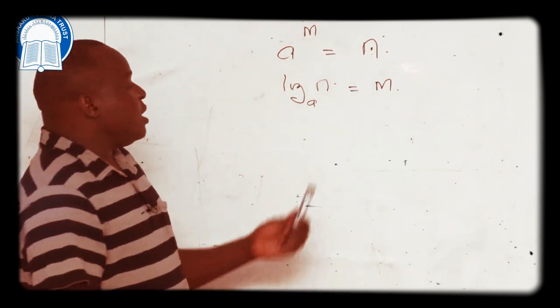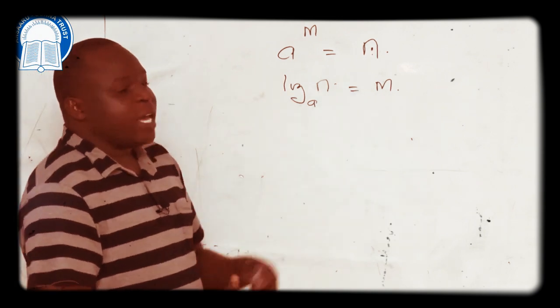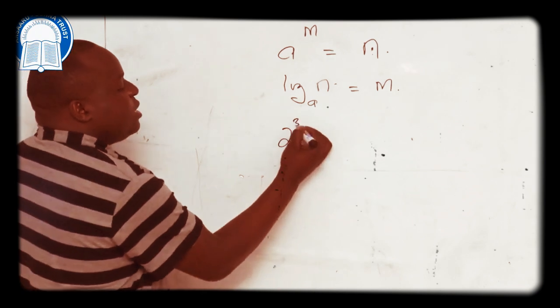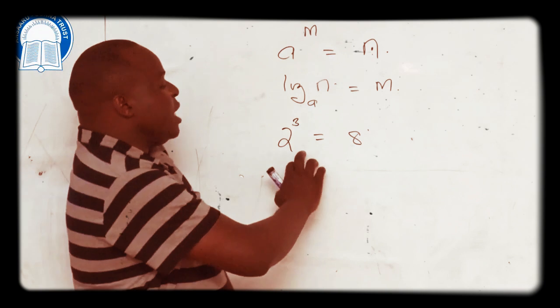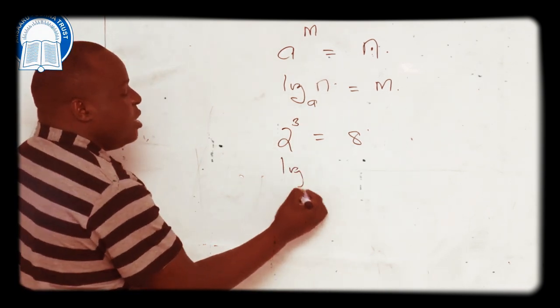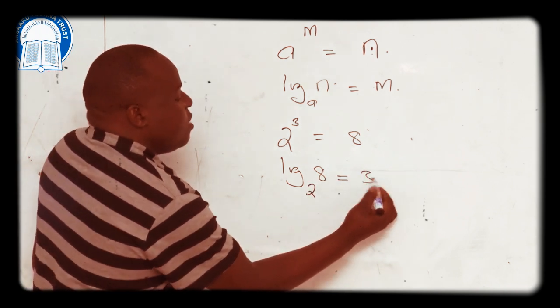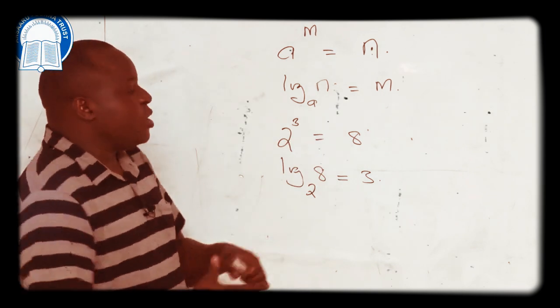So it is log n base a equals m. On real values, something like 2 raised to 3, of course the answer is 8. But if you want to change this into logs, it has to be log 8 base 2 equals 3.